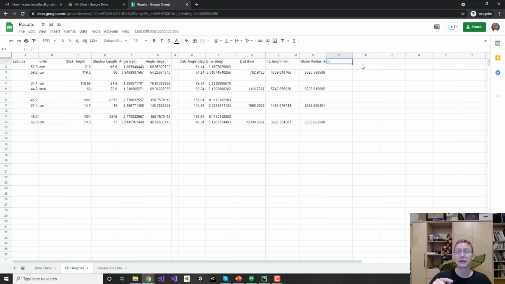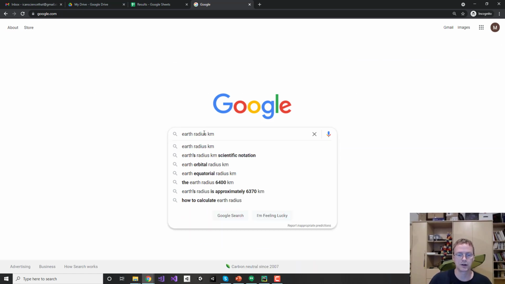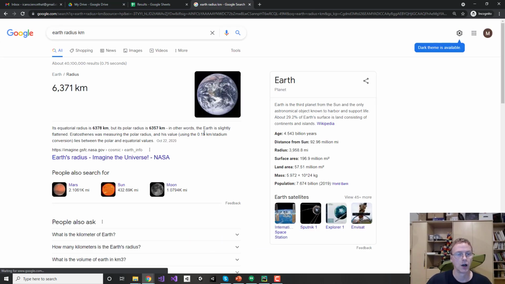Let's take a look at that as an error away from the accepted globe radius. Let's say error, and let's make it a percent. So Earth radius, kilometers. Apparently, we're supposed to get 6,371.